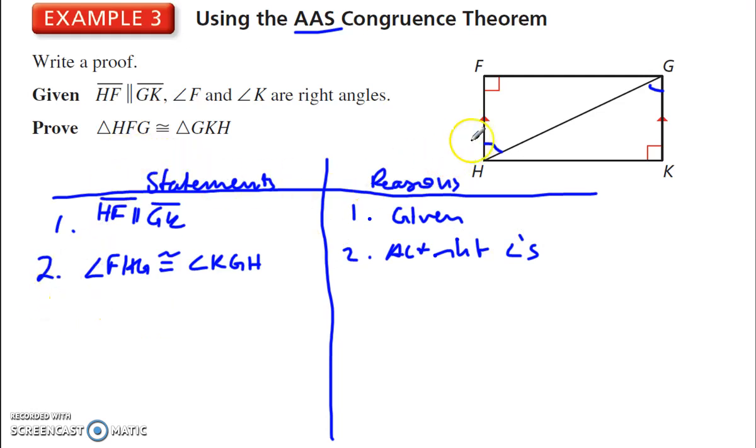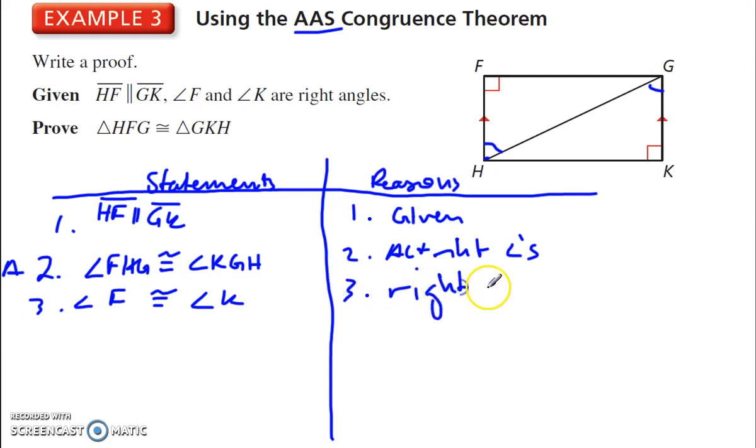And then, thirdly, we know that angle F is congruent to angle K because all right angles are congruent to each other. Right angles theorem.